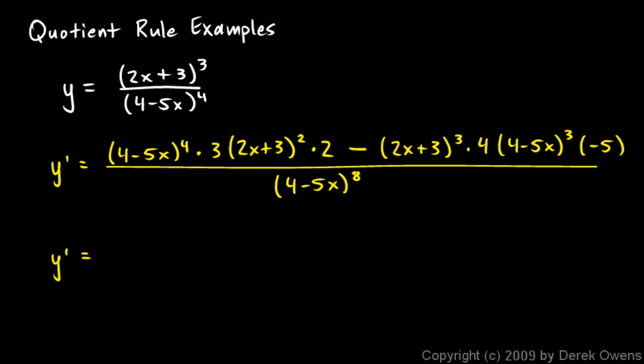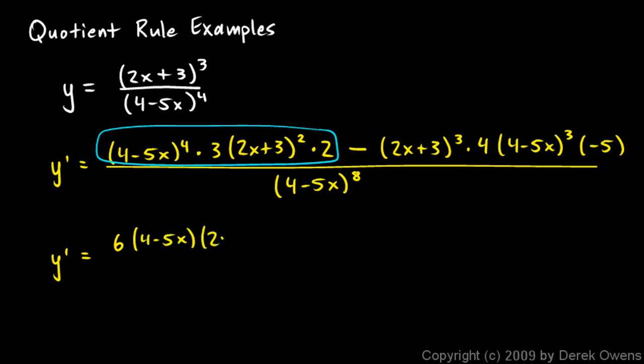So let's see what happens when we factor out a (4 minus 5x) cubed from this term. Okay, we're left with the 3 times the 2, which is a 6. So let's write that as our coefficient. And we're left with a single (4 minus 5x), and we're left with the (2x plus 3) squared.